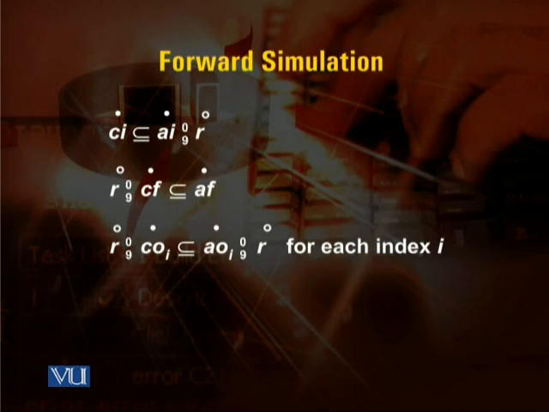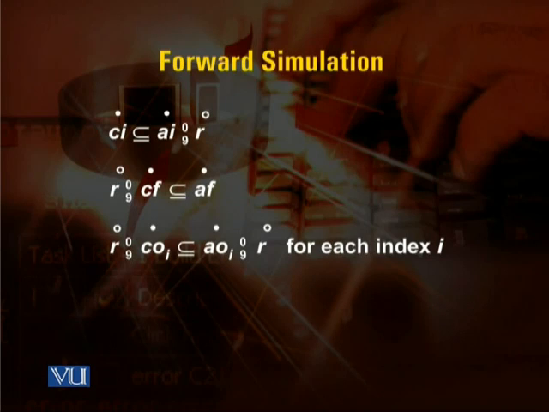So we are taking care of the initial part and the final part. Then in the middle, for each index I, we have R naught followed by Ci should be a subset of Ai followed by R naught.